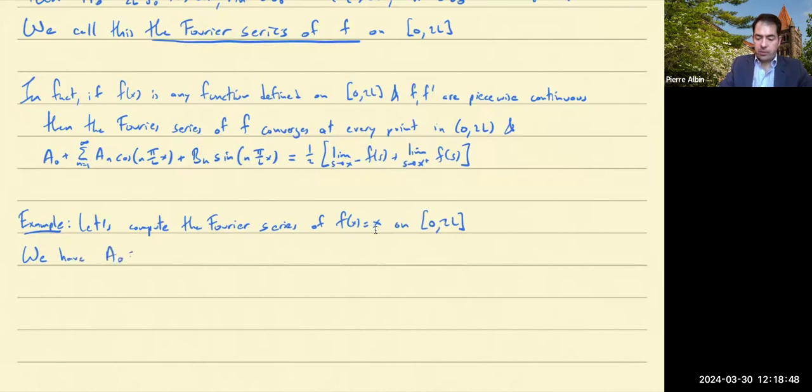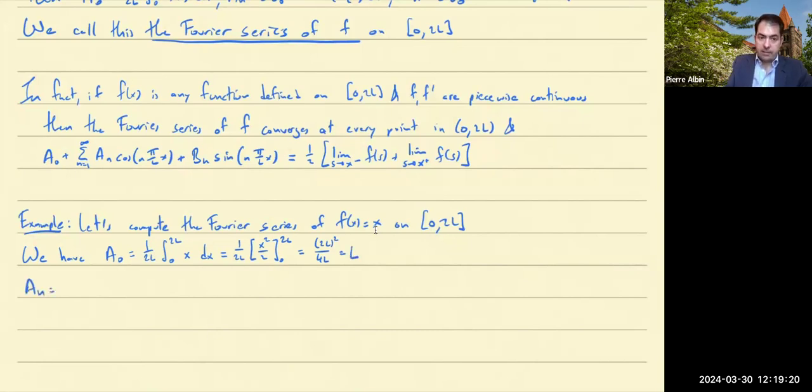So a0 would be 1 over 2L times the integral from 0 to 2L of x dx, 1 over 2L x squared over 2, evaluated at 0 and 2L, which is 2L squared divided by 4L, right, or just L.